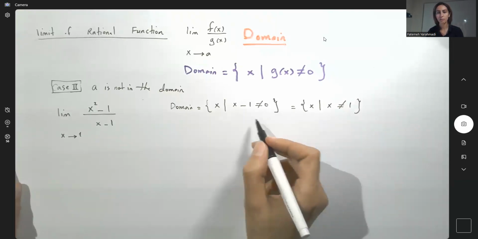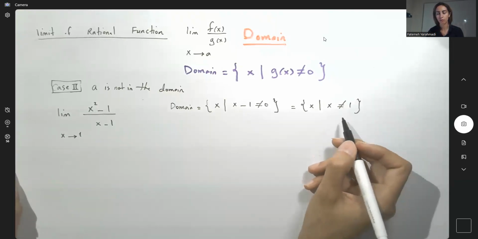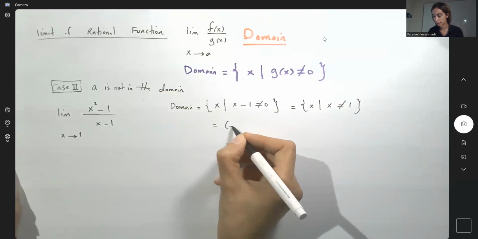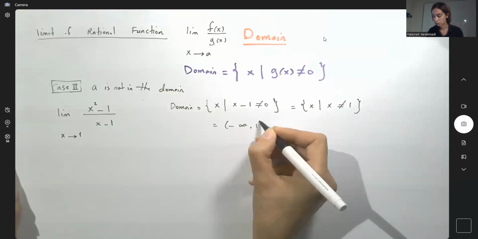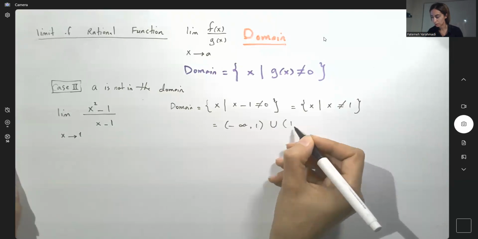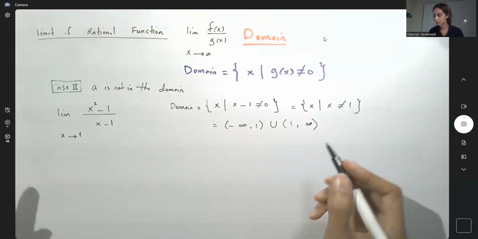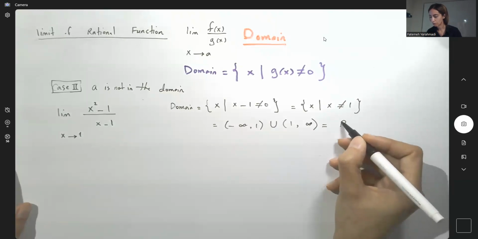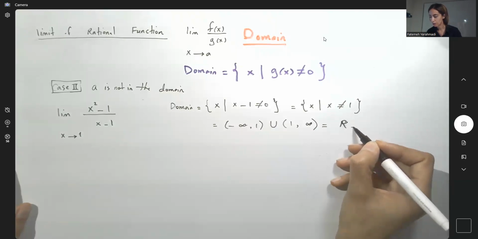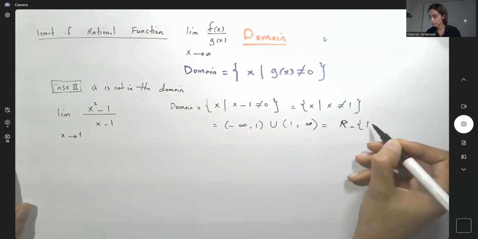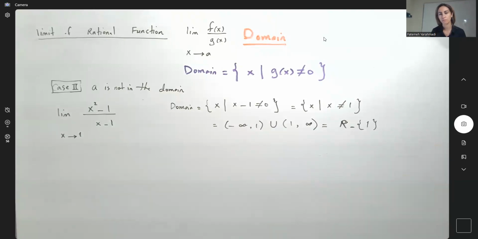So any real number is acceptable except for 1. We can rewrite this as negative infinity to 1 union with 1 to positive infinity, or basically R, all real values, minus the set including 1.